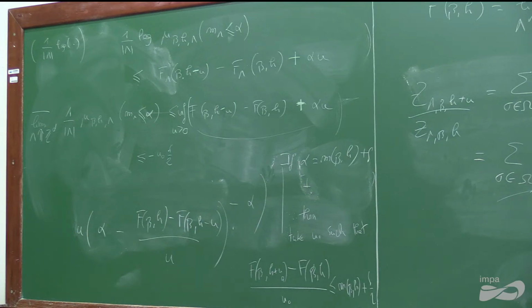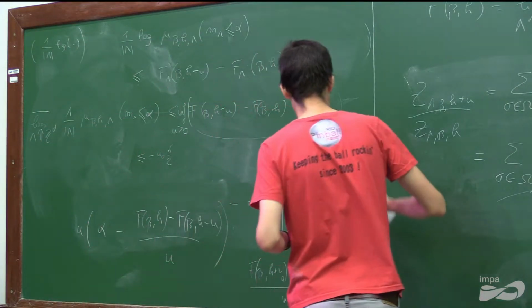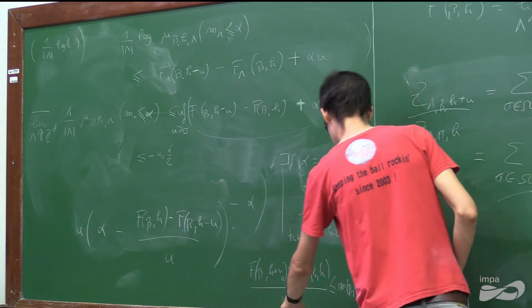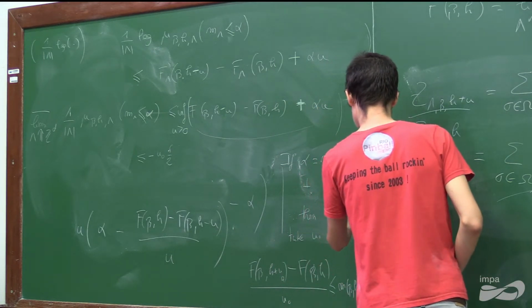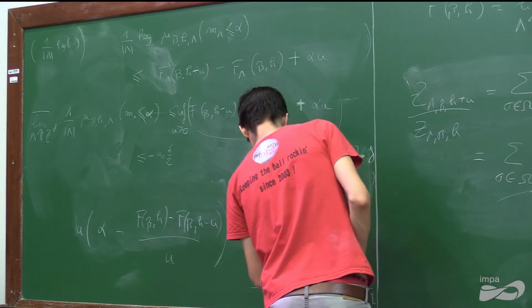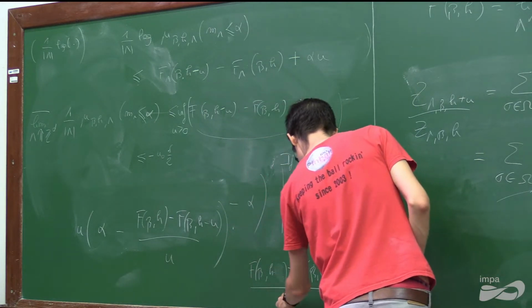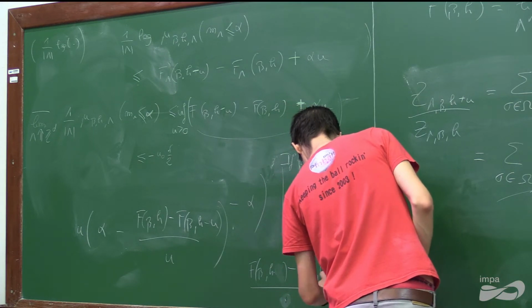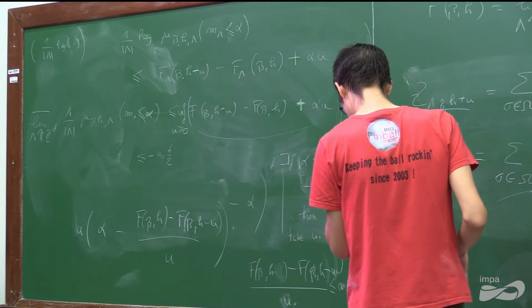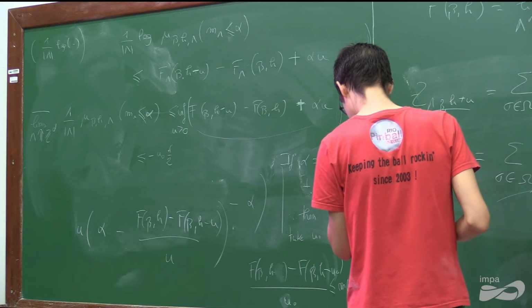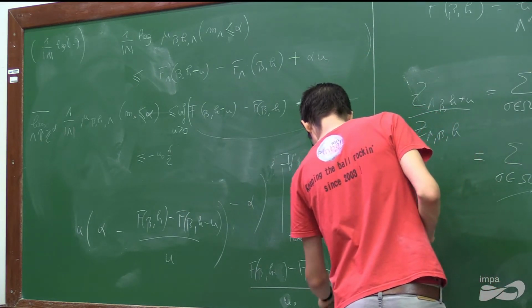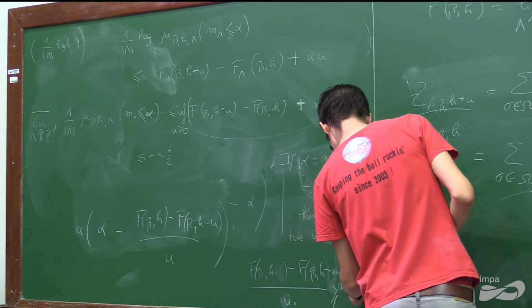So basically, now if alpha is equal to m plus beta minus delta, then we take u0 such that we want this to be larger than this, and we are done.